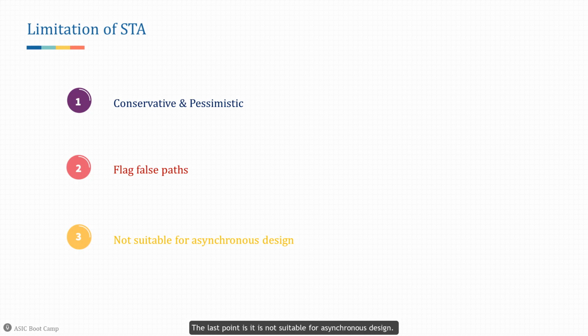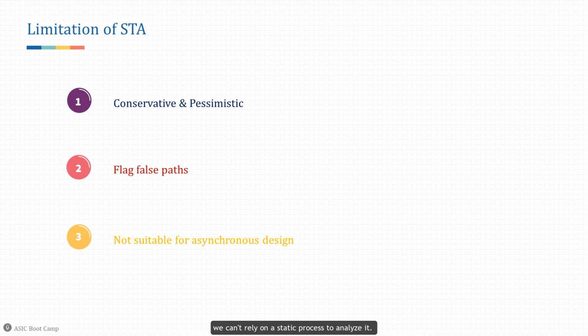The last point is, it is not suitable for asynchronous design. In STA, in order to collapse the design timeline into a minimal cycle, the launch clock edge and capture clock edge must have a deterministic relation so the pattern can repeat itself. If the timing path under analysis is between two asynchronous clocks, then the required time can be some arbitrary number.